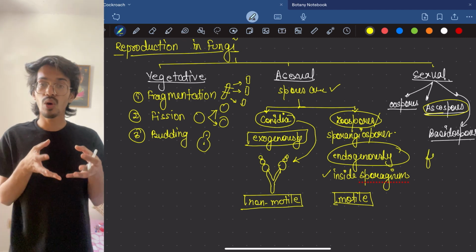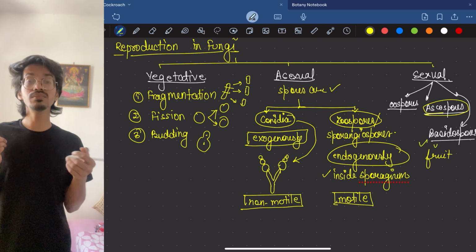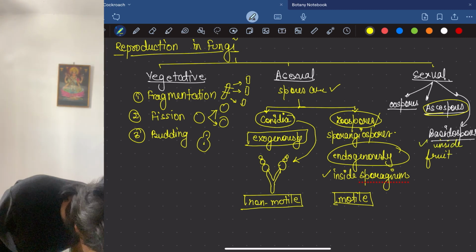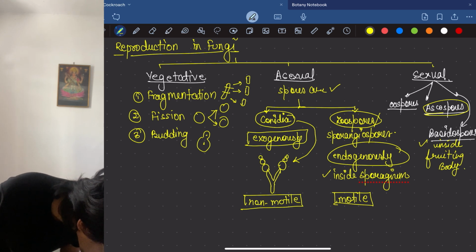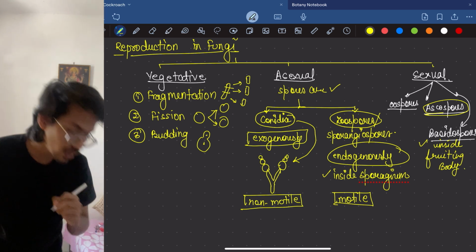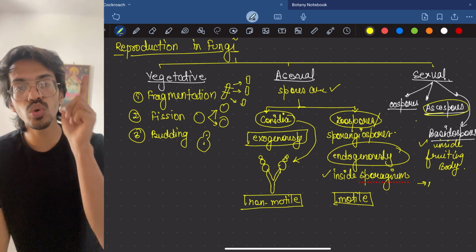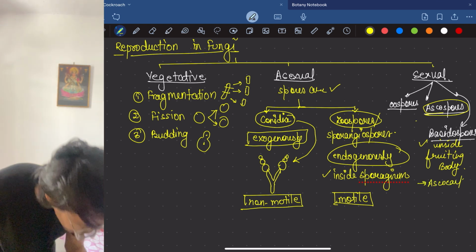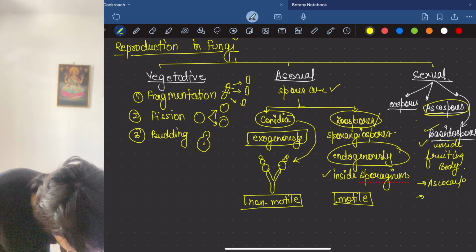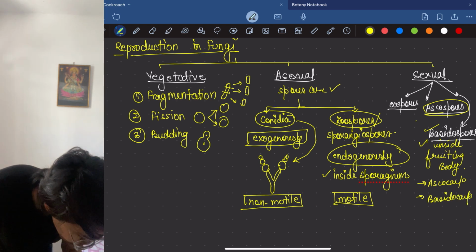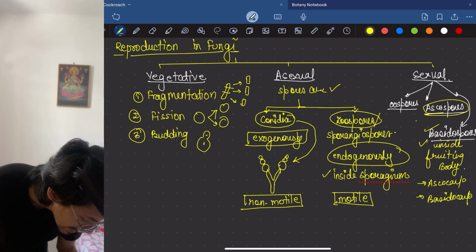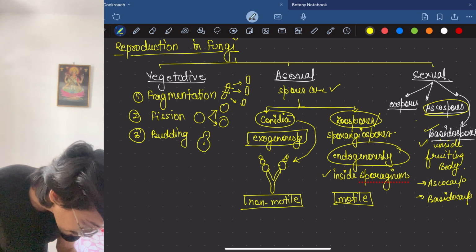We don't call it a sporangium. The fruiting body of ascospore is called ascocarp, whereas this fruiting body is called basidiocarp.